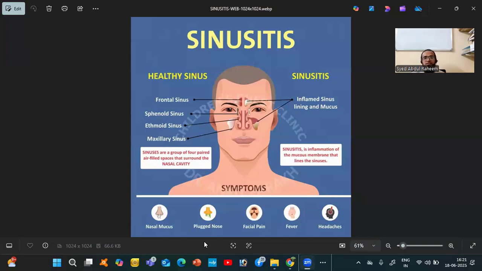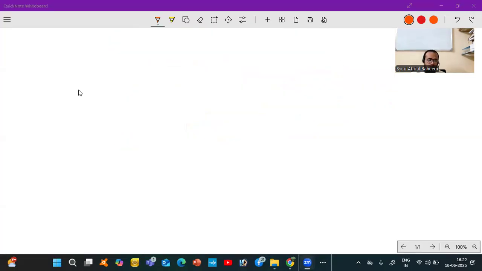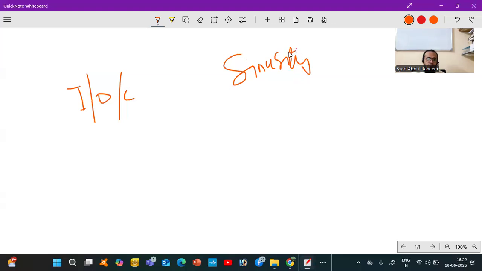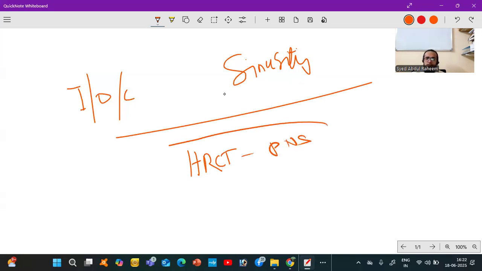So what is the investigation of choice in sinusitis? The investigation of choice in sinusitis is HRCT of head or PNS, HRCT of paranasal sinuses.